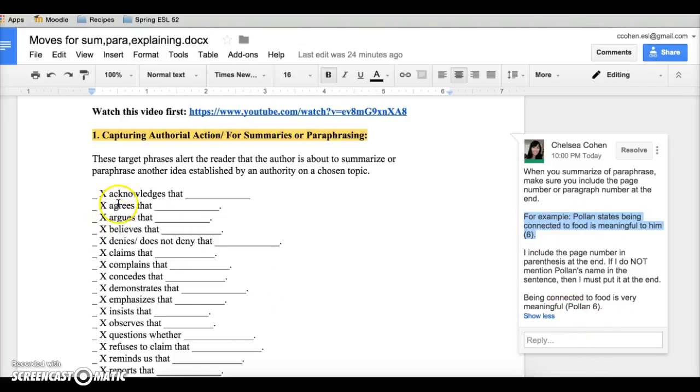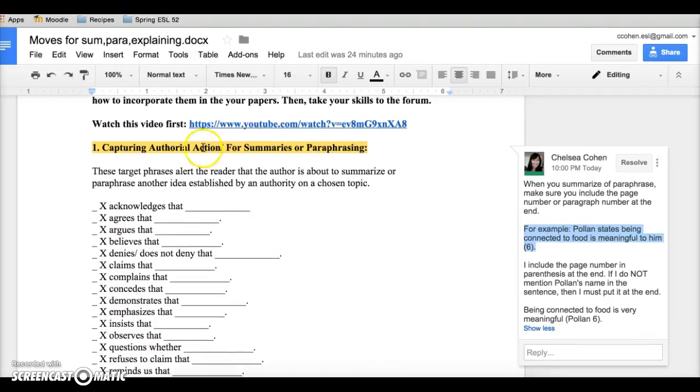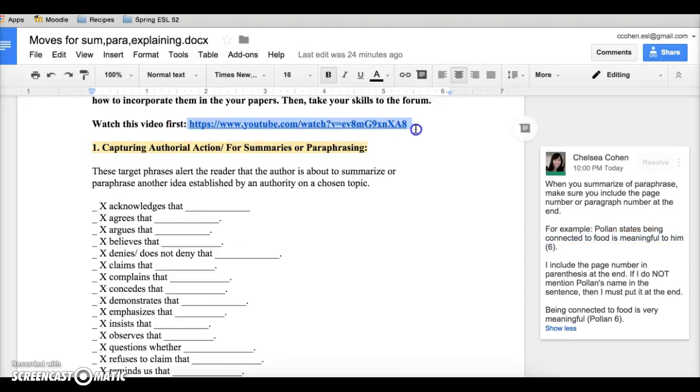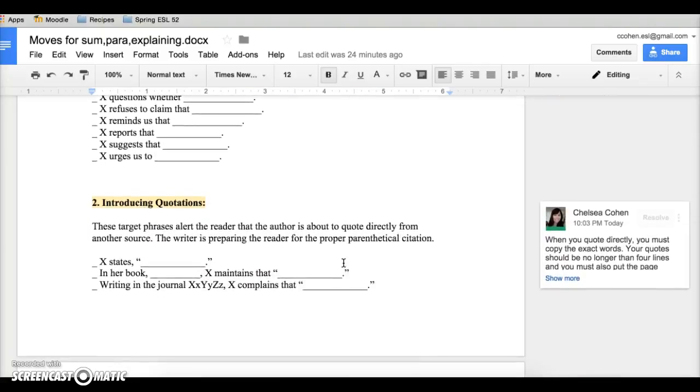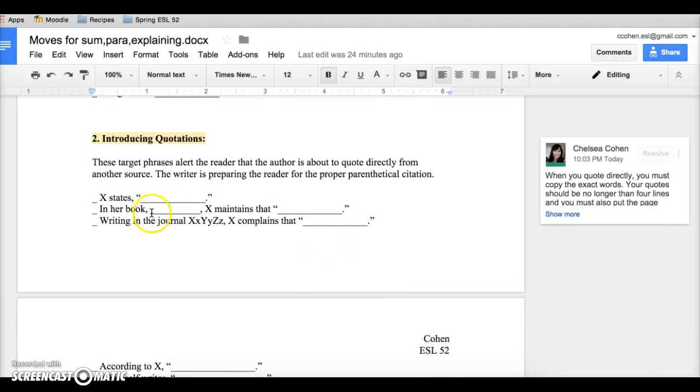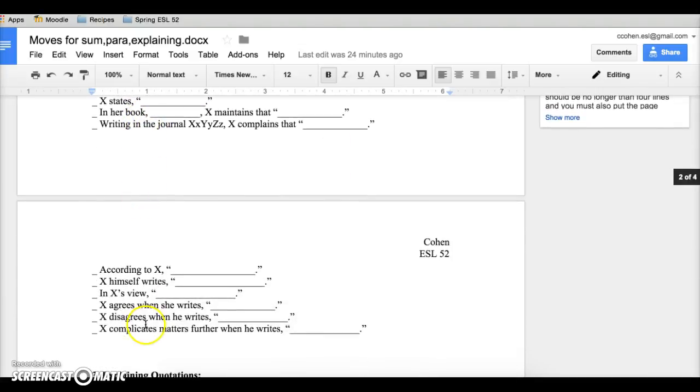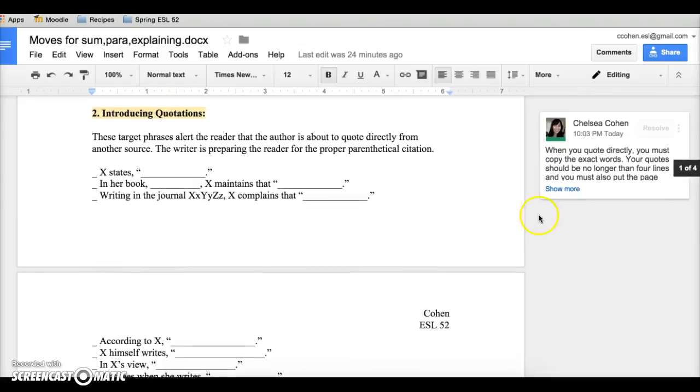You can use these templates, these words here for your paraphrases, and watch this YouTube video as well. This YouTube video will describe the differences between quoting, paraphrasing, and summarizing. And then you can use these models here to do your direct quote.